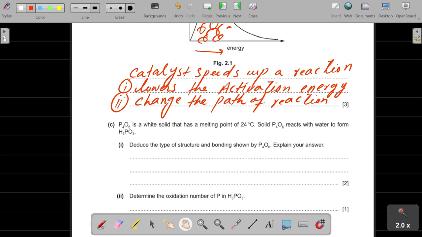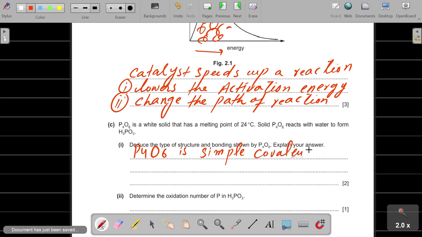So number one point is P4O6 is a simple covalent molecule. Why? What is the reason? The first reason is its melting point is low.